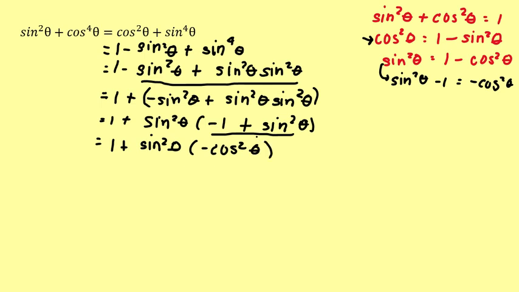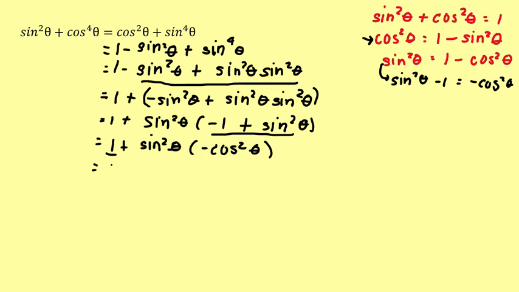Wait, am I making sense here? Yeah, I think so. I cannot combine 1 plus sine squared theta here, because sine squared theta is a factor of this entire term. So what I can do is break down 1 to be equal to sine squared theta plus cosine squared theta.